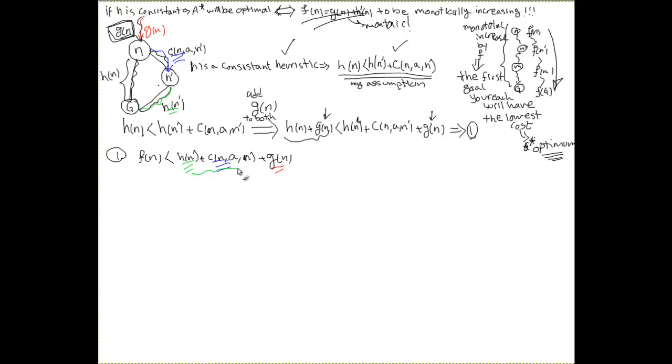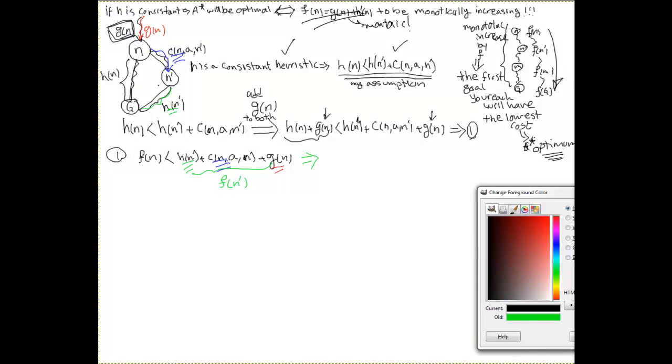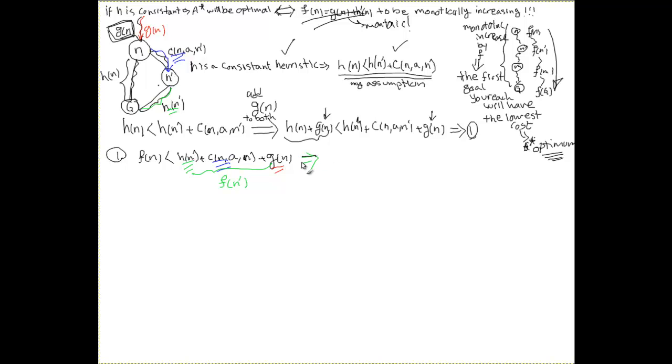So if you add these three together, you're going to get f of n prime. So from this equation, what we deduce is that f of n, which is one step before n prime, is going to be less than f of n prime, which is exactly what I wanted to show.